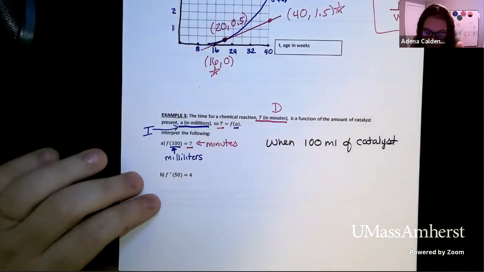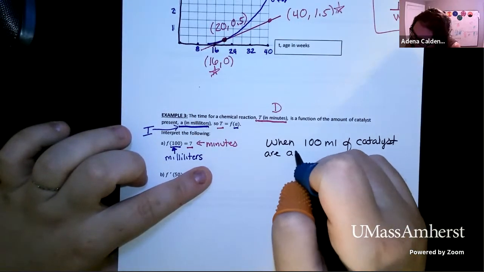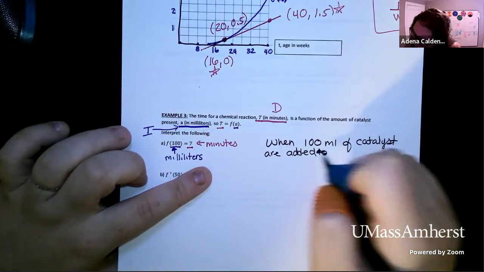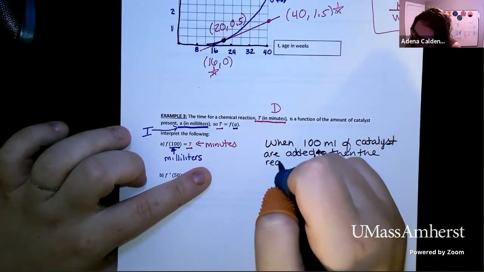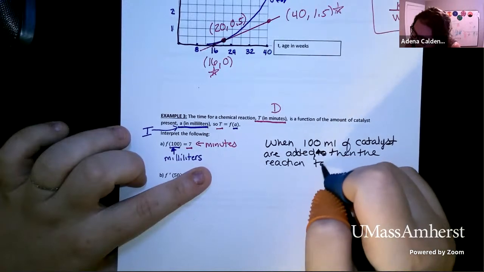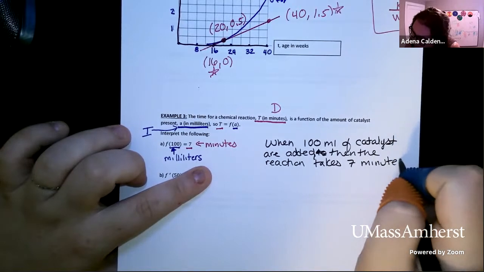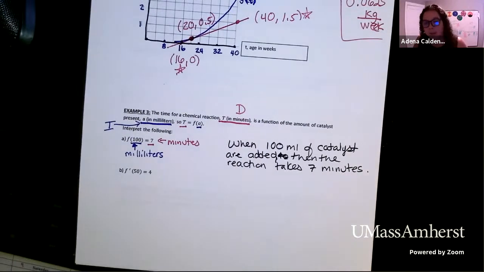When 100 milliliters of catalyst are added, the reaction takes 7 minutes. Okay, because the 7 tells us how long this chemical reaction takes. So when we talk about 7 minutes, we are referring to the reaction time. So we want to make sure we have that word reaction.